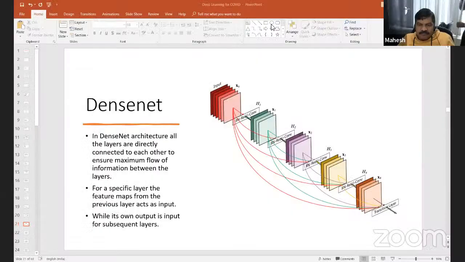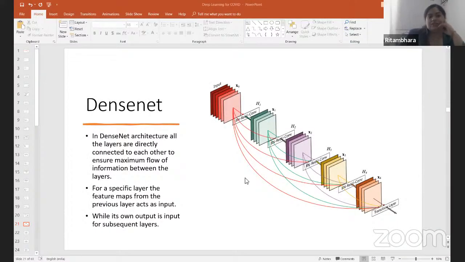This is the development in the ResNet. The screen is not visible. I have not shared it. Now it's visible. Yeah, it is DenseNet.